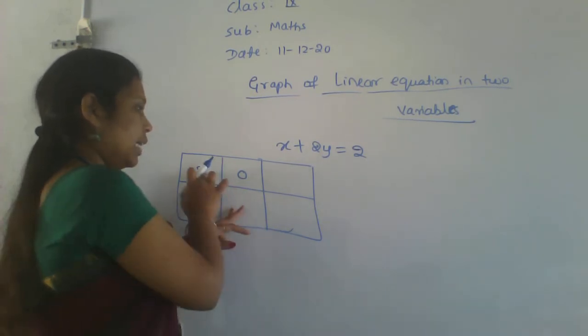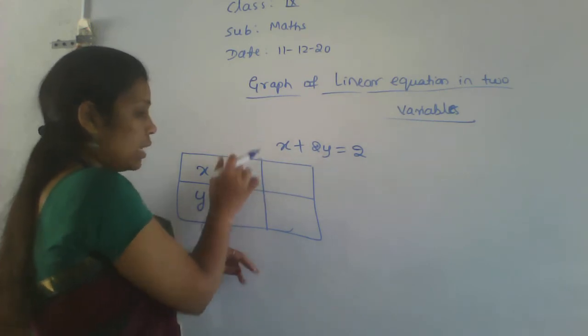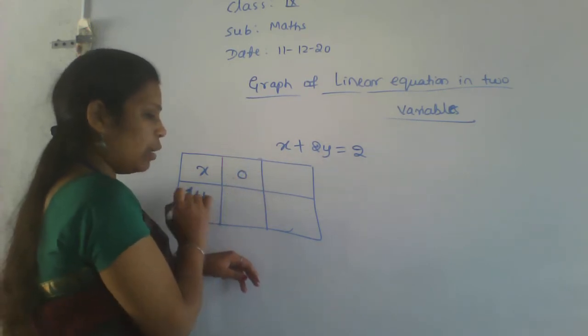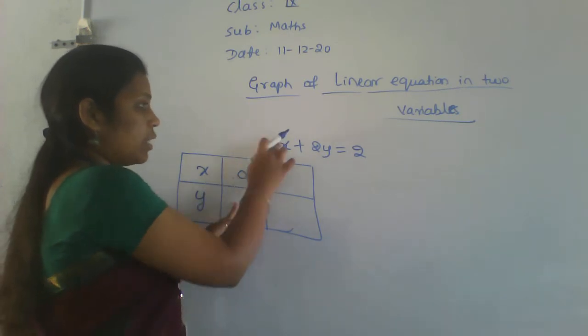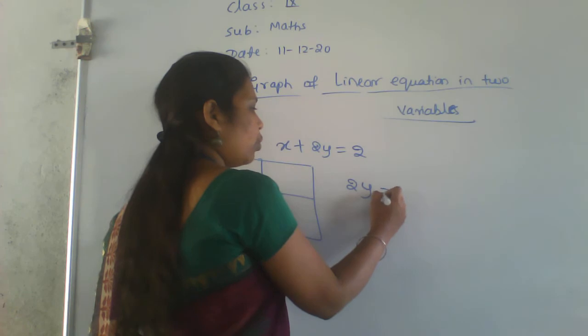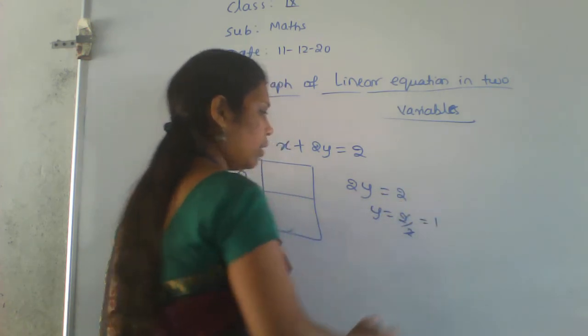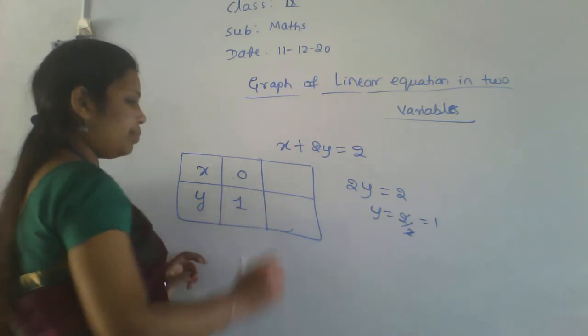See here. If x is 0, what is the value of y? Only observe this column. This value is related to this value. If x is equal to 0, substitute in this equation. We will get 2y is equal to 2, y is equal to 2 by 2, that is 1. Right? So write here 1.